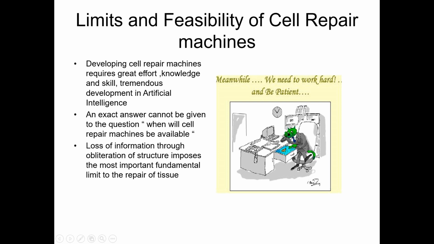If you really want cell repair machines, you should be patient, because a lot of things have to be done before we can utilize them for the purposes we mentioned. An exact answer cannot be given to the question of when cell repair machines will be available.